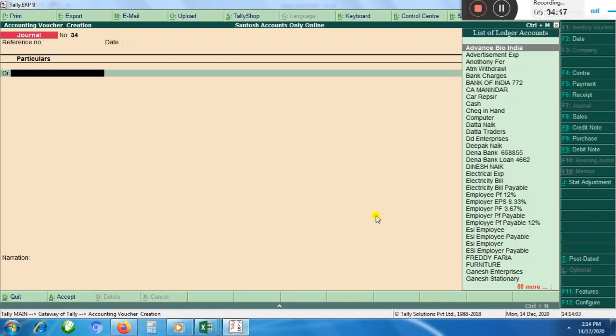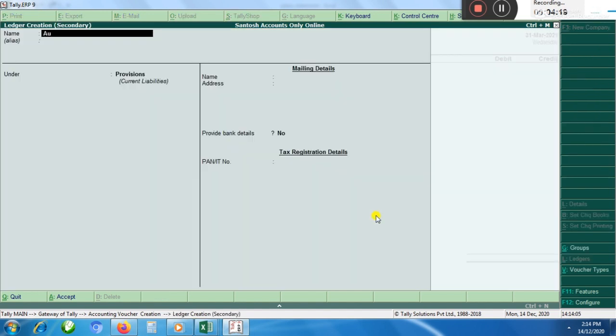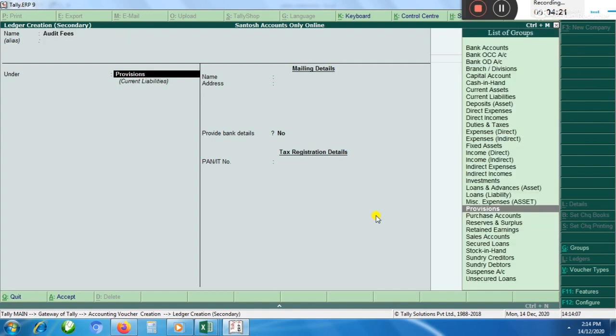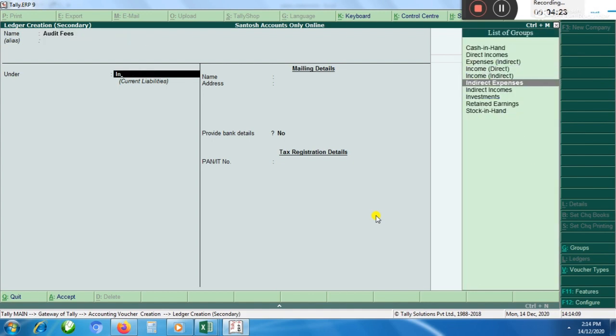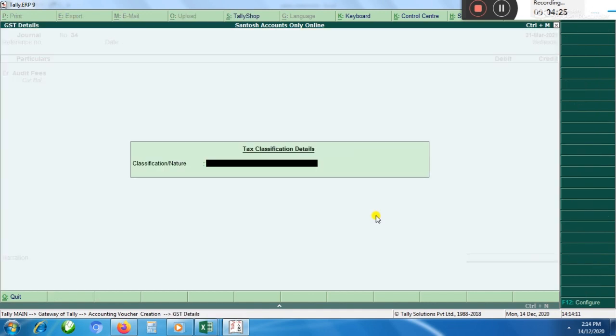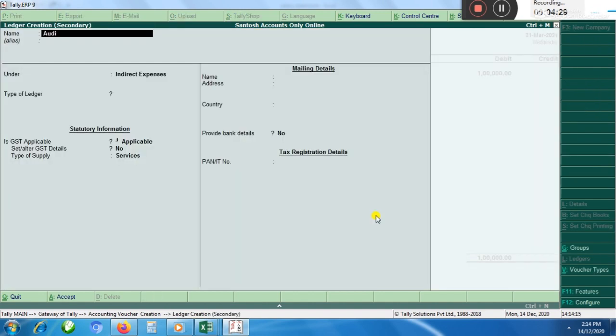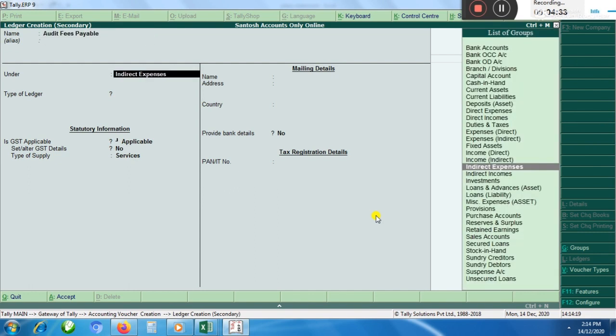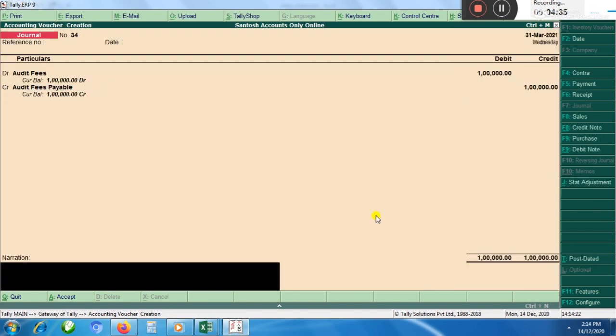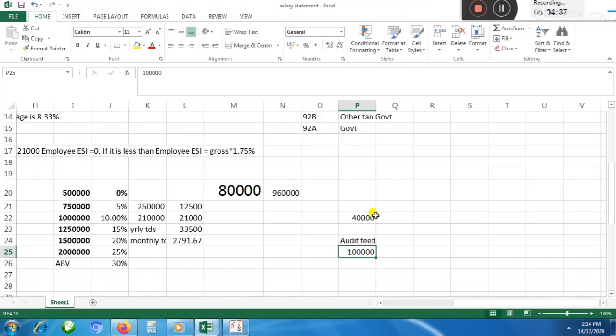So you can show here audit fees, indirect expenses, 1 lakh. Credit audit fees payable, provision.